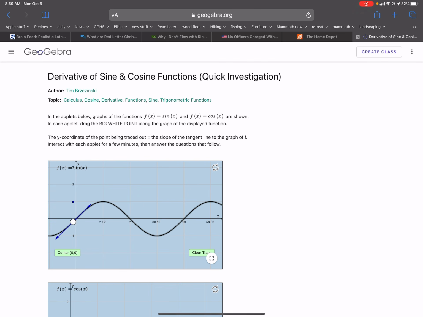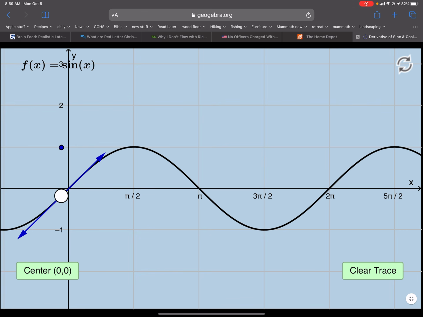Now, let me look at the sine function, and you'll see the derivative at this point right here, the slope is 1, so the derivative is 1. As I move to the right, it starts to flatten out and gets to 0 right at the top. Then, as I move to the right, the slope is negative, and it gets steeper, bigger, bigger, bigger, negative there, which is a maximum slope of -1.